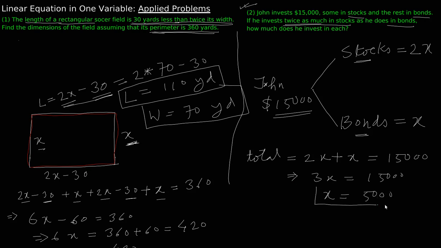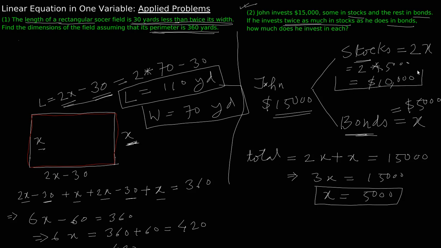X is the amount of money he invested in bonds, so it is $5,000. In stocks he invested 2X, so 2 multiplied by 5,000, which is $10,000. In stocks he invested $10,000 and in bonds $5,000. So that's John's investment.